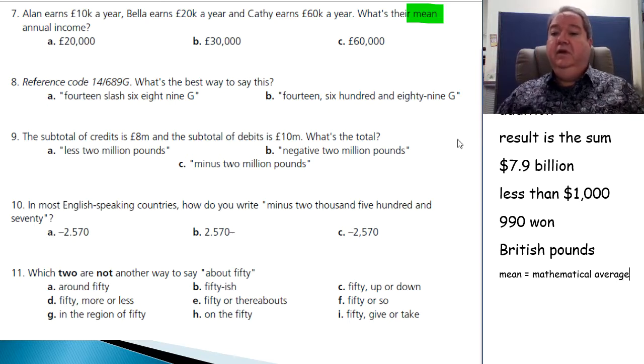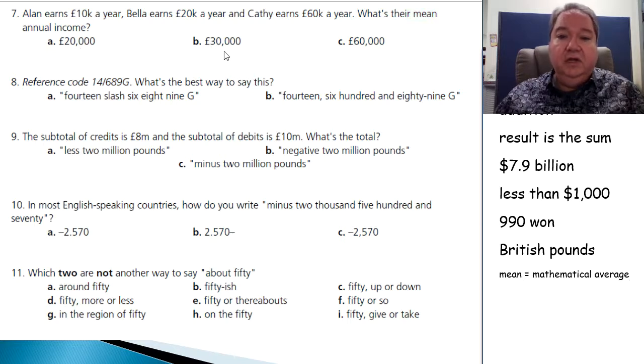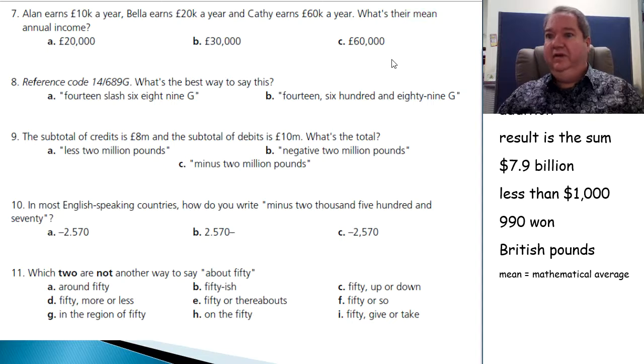So the mean, the mathematical average: 10,000 plus 20 is 30, plus 60 is 90. 90 divided by 3, which is how many pieces we had, is 30,000. That's their mean, their average annual income.